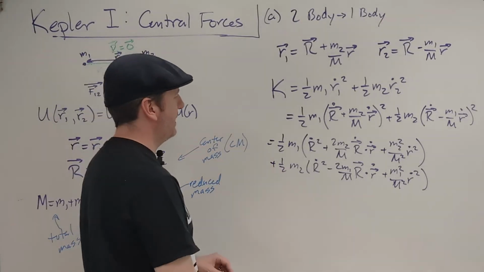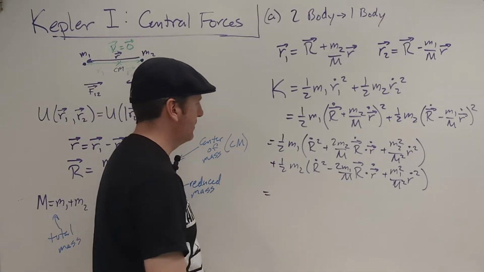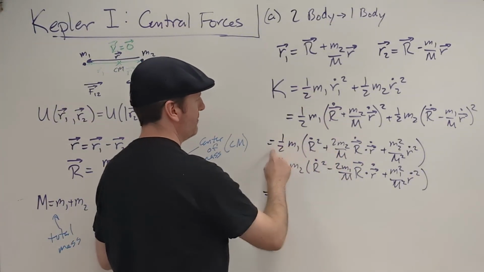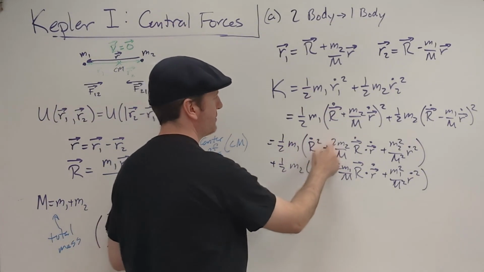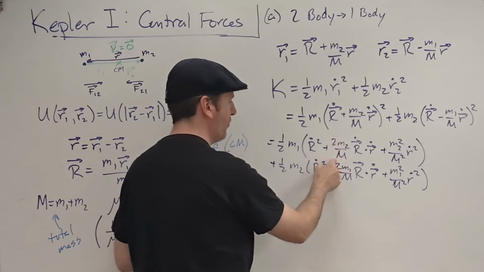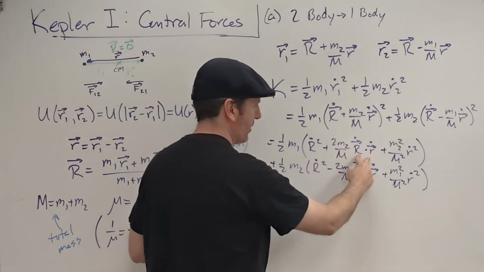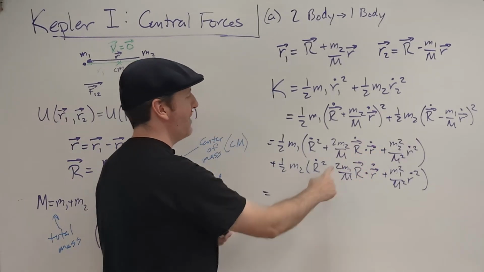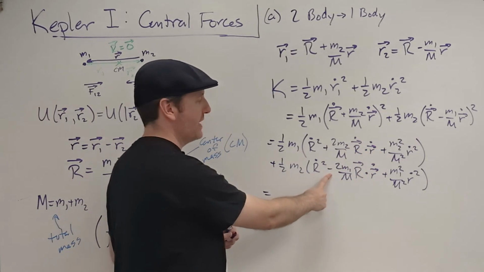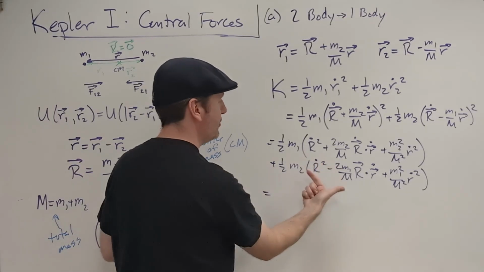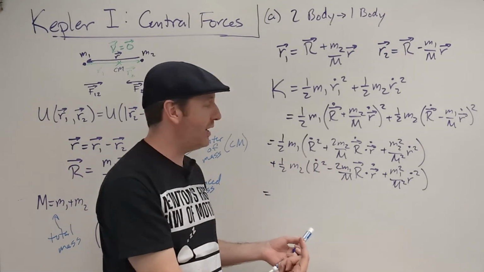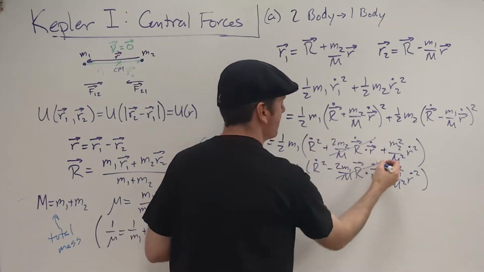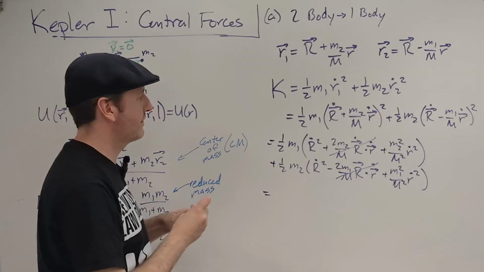And now I want to simplify. What happens? Well, let's take a look. This middle term here with the 1/2 times m1 times 2m2 over capital M, r dot times R dot, and this minus sign in the second term with the m1 and m2 swapped, but it's still the same product, cancel. So this term and this term cancel each other.